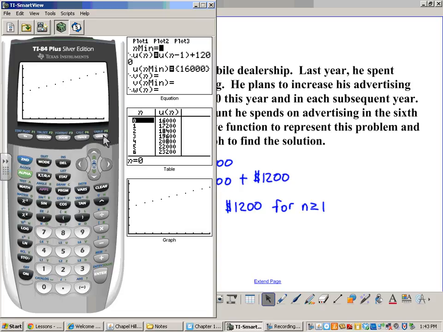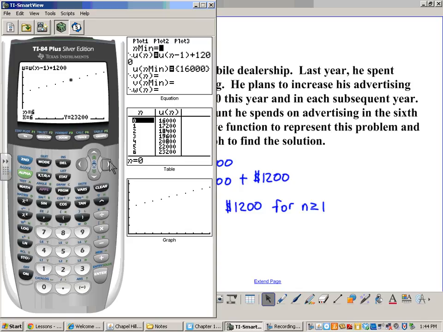So let's trace and make sure we're getting the right information here. So at 0, we're at 16,000. After the next year, we're up to 17,200. And then you see after 3 years, 4 years, and 5 years. So 5 years in, we're at $22,000, and it asks us for the 6th year.